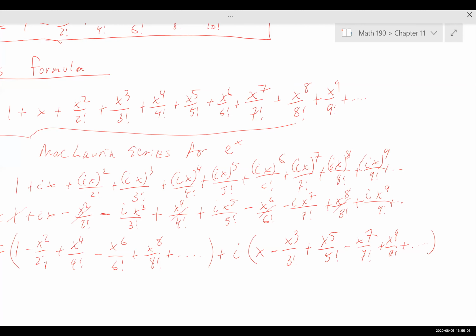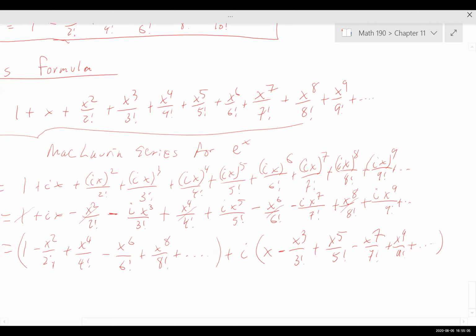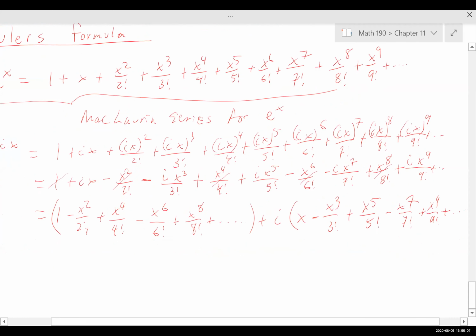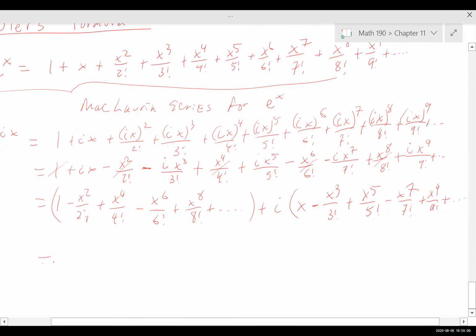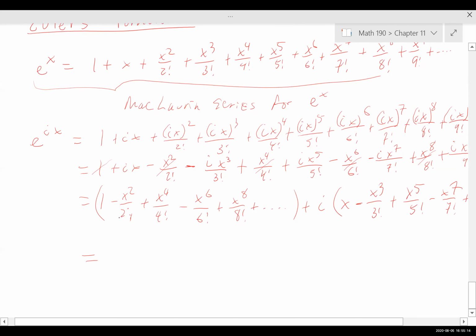What we're going to get here is, what were the evens, alternating? We just arrived at that. What's this first power series? Very good, it's cosine of x.